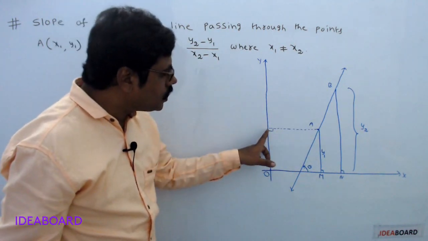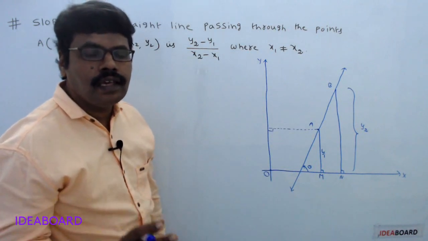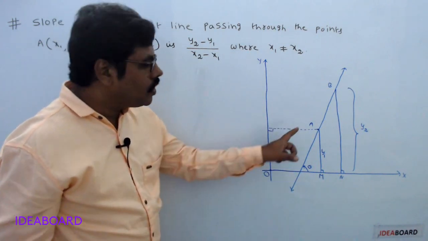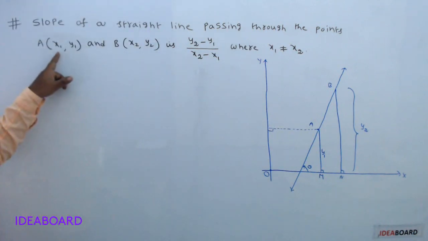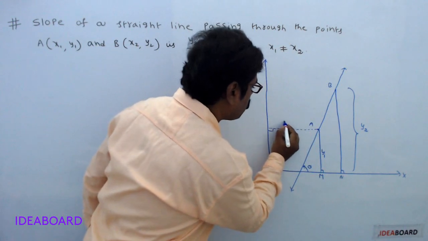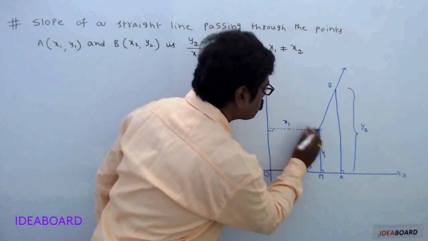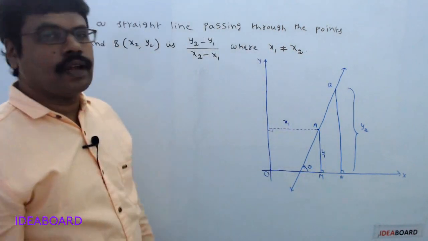The perpendicular distance from any point onto the y-axis is called the x-coordinate of that point. Here the x-coordinate of A is x1, so this length is nothing but x1.